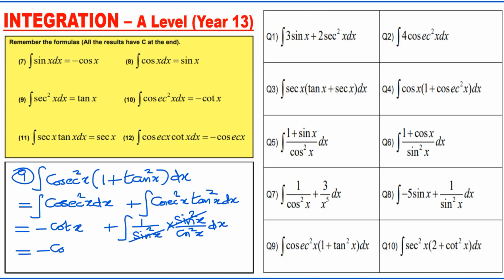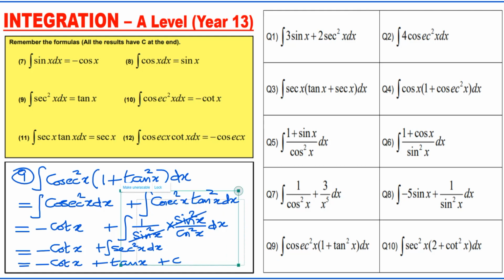Now minus cot x is one side of the answer, plus integrating 1 over cos squared, which is sec squared x dx. The final answer: minus cot x is the other side. Sec squared has a ready-made formula, plus tan x is the answer, plus c. And that is question number 9.